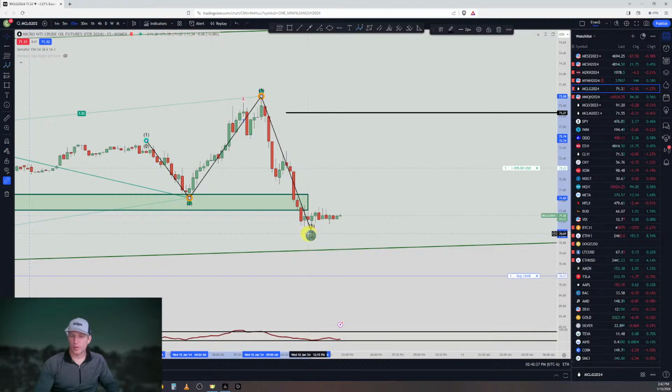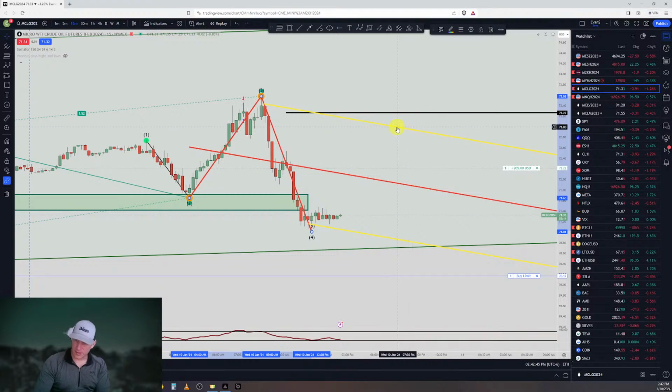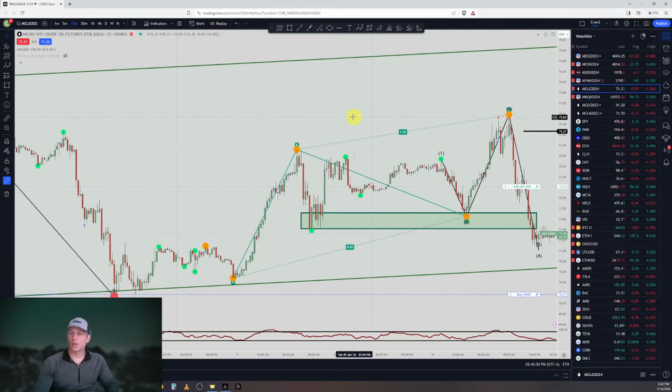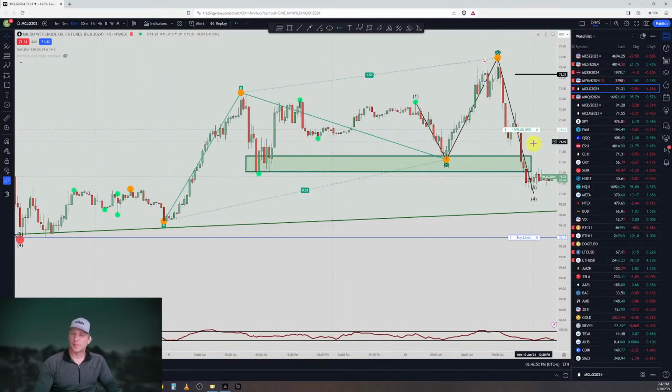So we're waiting for a green semaphore to form down here before we get into it, but we take the Andrews pitchfork and go over to points 2, 3, and 4, assuming that stays a low. If we get another low, we'll redraw this to the next low for it. When price closes above the median line, the red line, then the target is the yellow line right there. So that's another one that is a potential.